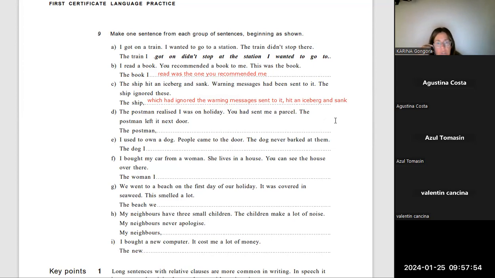The postman realized I was on holiday. You sent me a parcel. The postman left it next door.